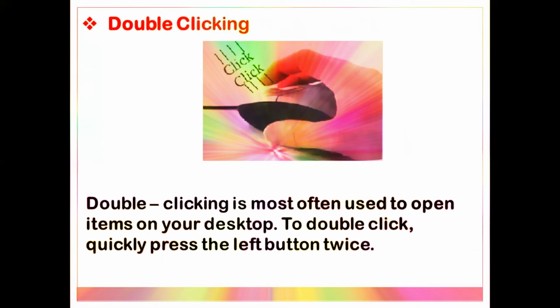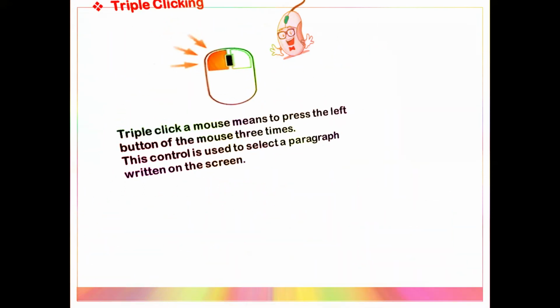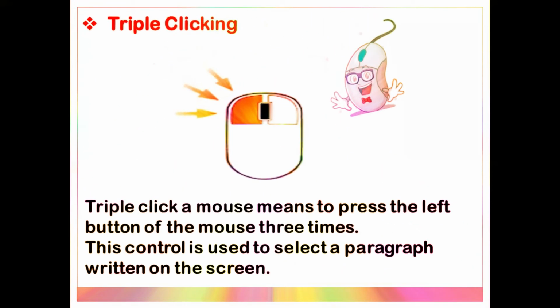Now double click. Double click means pressing the left button of the mouse twice. It is basically used to open items on the computer or desktop. Triple click. Yes, we can do triple clicking also. Pressing the left mouse button three times or thrice at once is called triple clicking.